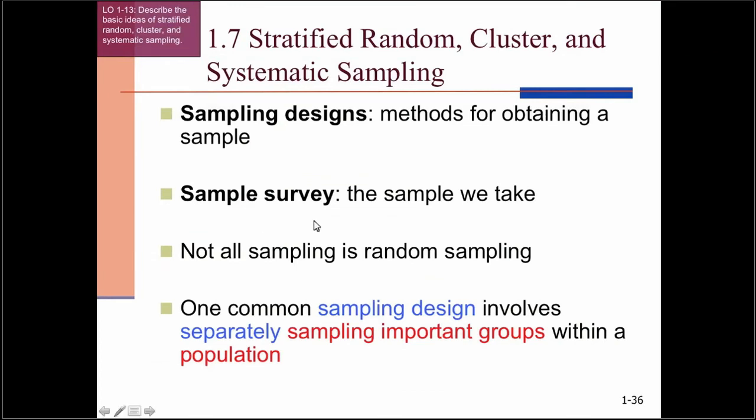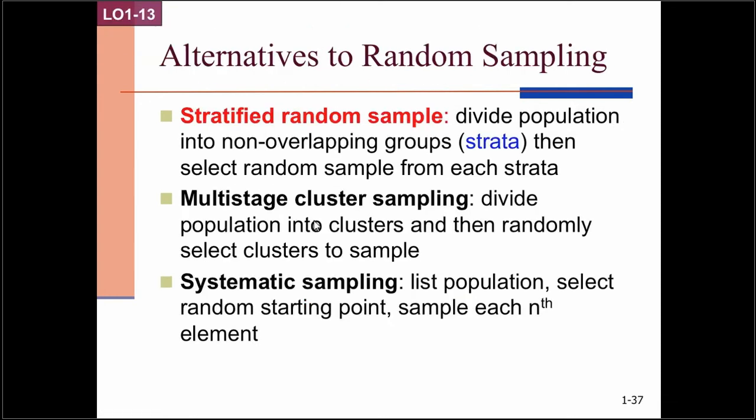So please read some examples. This is really important to understand. The second one is multi-stage cluster sampling. This is where you don't know your whole population. They gave you an example in the book about voters. If you want to know information about all the voters of the elections in USA, we don't have this data, but you can divide your data into clusters.